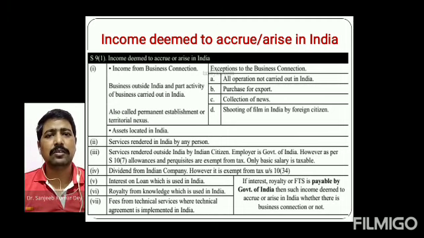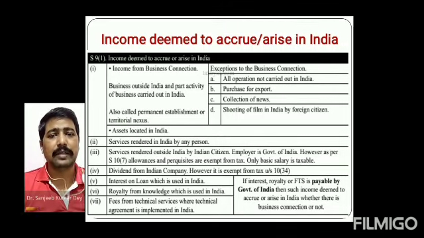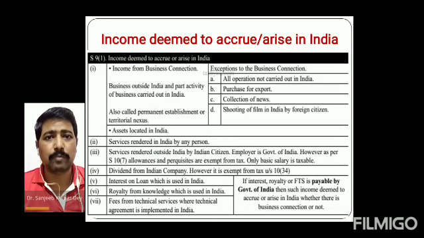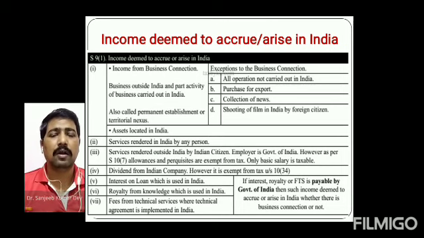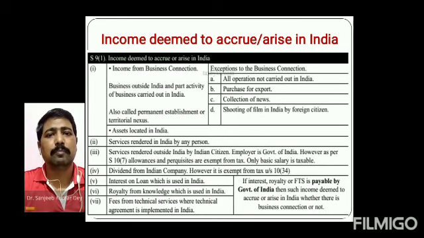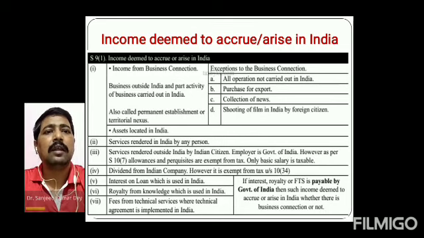When I say taxable, it does not mean taxable or exempted; it means whether it will come within the purview of the total income of the assessee during the previous year on the basis of its residential status. Let me give an example.